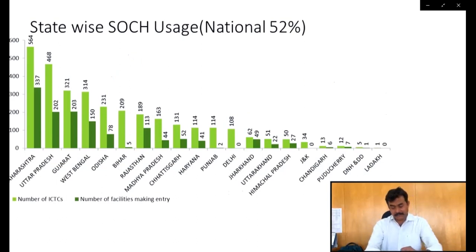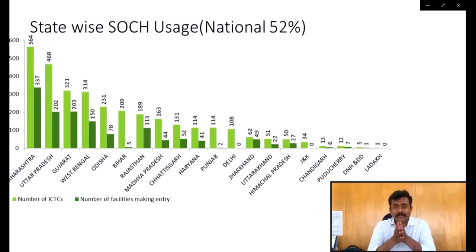Although in the last couple of months SOCH usage has significantly changed from 24% to 54%, if we want to go forward, the vision of our DG sir is very clear: he wants a paperless ICTC.